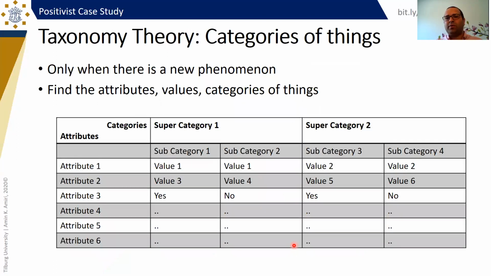How about taxonomy theories? Here you try to create categories. But you can only do that when there is a new phenomenon. And then you try to know that phenomenon better. An example of a new phenomenon in 2008 was blockchains.